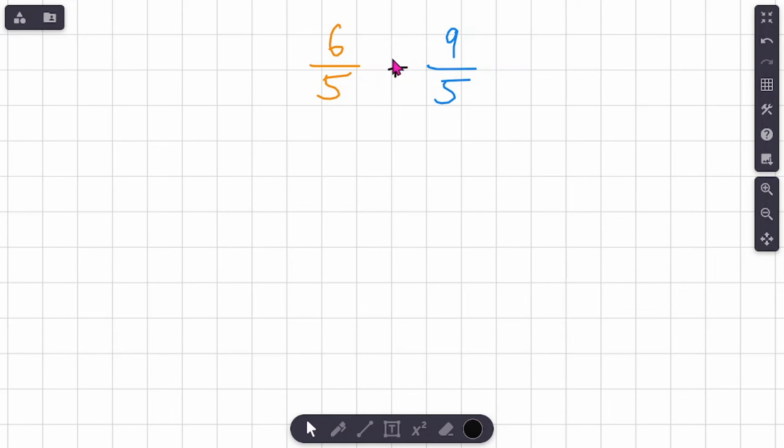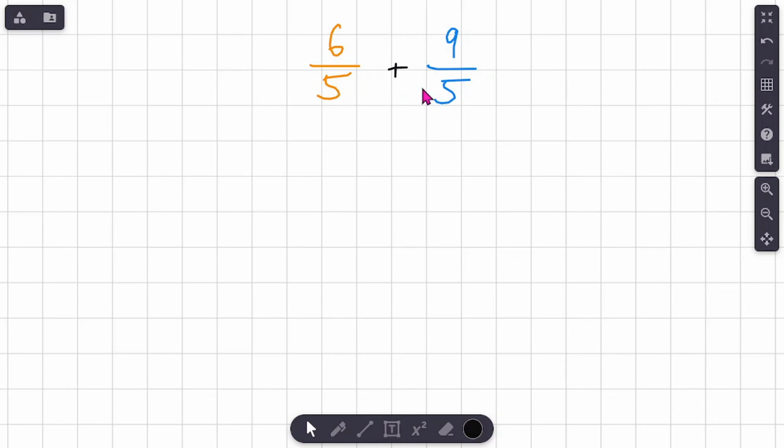And so if we are going to add these two fractions and they're both more than 1, well, think about it. Our answer is definitely going to be an improper fraction, right? Our answer is going to have to be more than 1 as well because we're adding two numbers that are more than 1, okay?